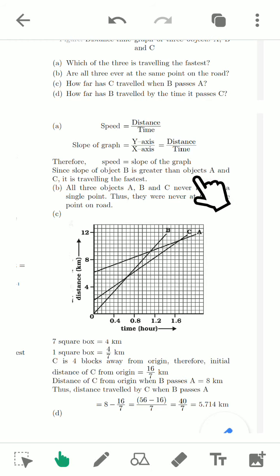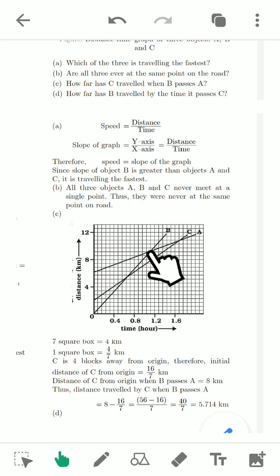Okay, next is, how far has C traveled when B passes A? This is B, passing A. That means from here to here, what is the distance?